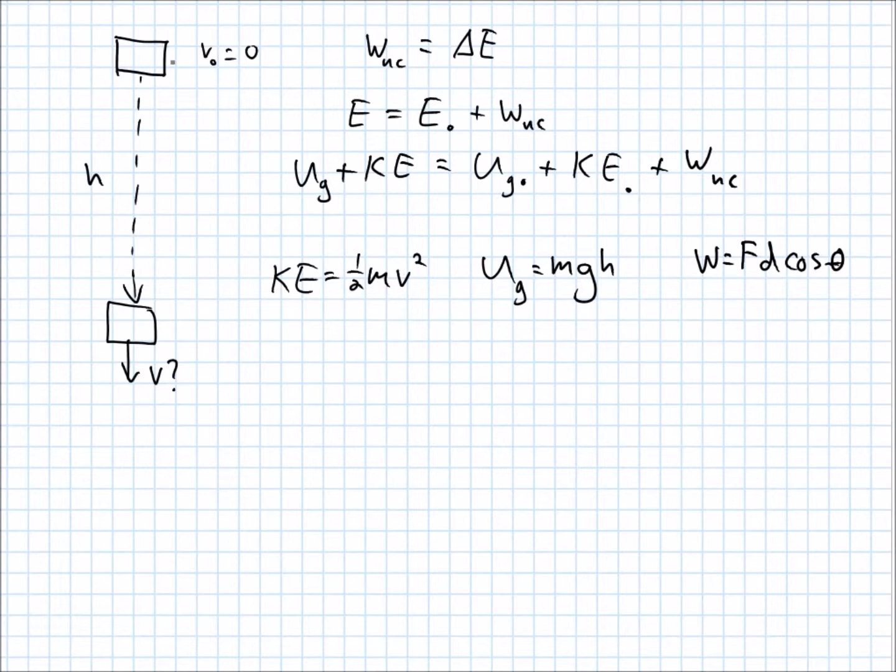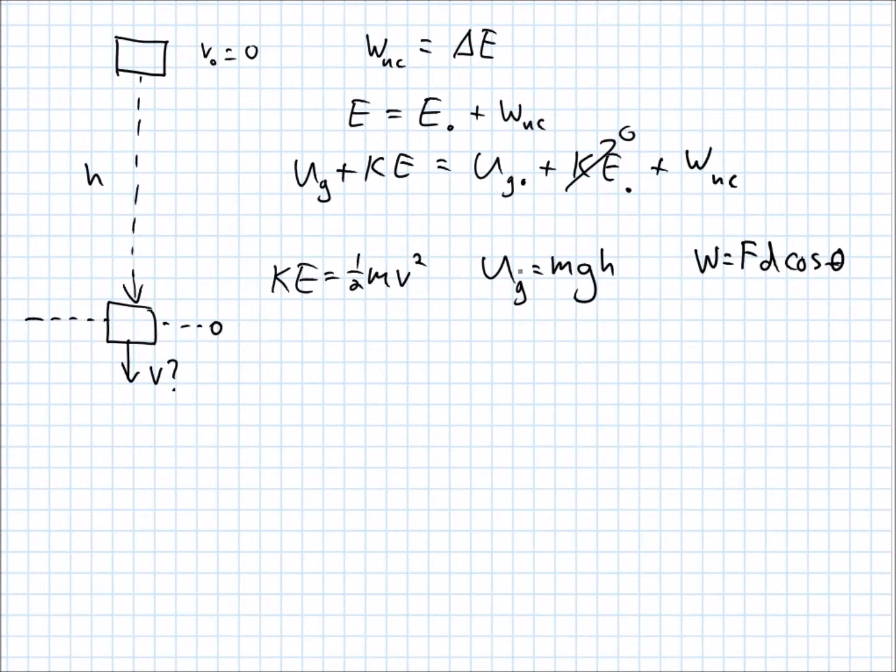Okay, so if we started from rest, our initial velocity was 0. So since velocity is in kinetic energy, the kinetic energy was 0 initially. So let's zero that out. All right. Now, if we call this the height of 0, as in that's my origin down there, then in the end, in the final picture here, it's at a height of 0.